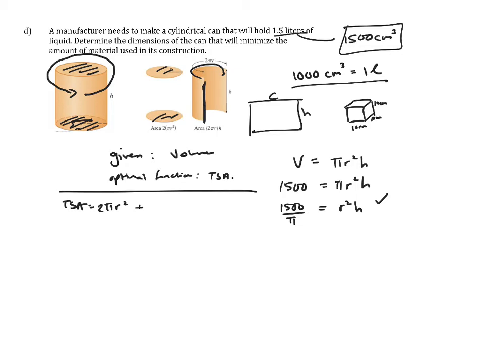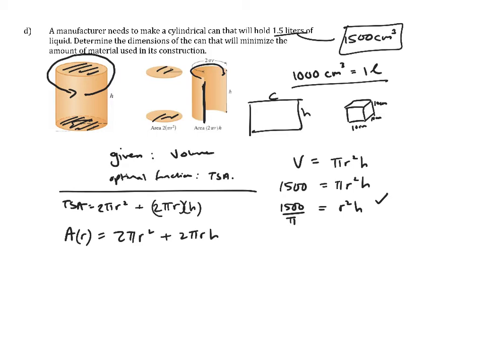And what is the circumference of a circle? It's 2 pi r, times the height. Therefore, you can say, for example, A, and do you see we've got an r and an h? You need to decide which one you want to keep. So say, for example, I want only r's in my equation: 2 pi r squared plus 2 pi r h.